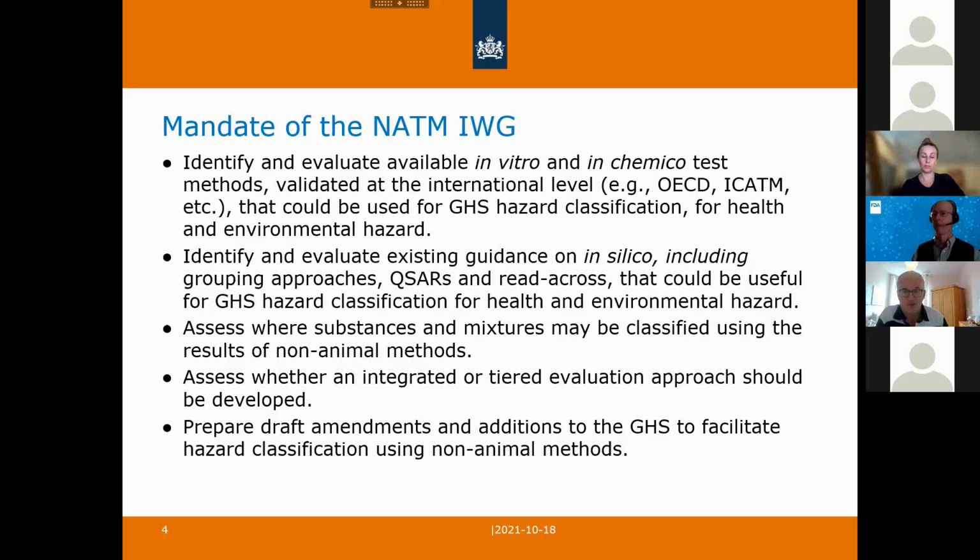And if there's agreement within the working group, then we prepare draft amendments and additions to the GHS that can be used for classification, and all that is discussed within the informal working group. And up to now, when there was consensus in the working group, then there was not much discussion in the formal subcommittee.